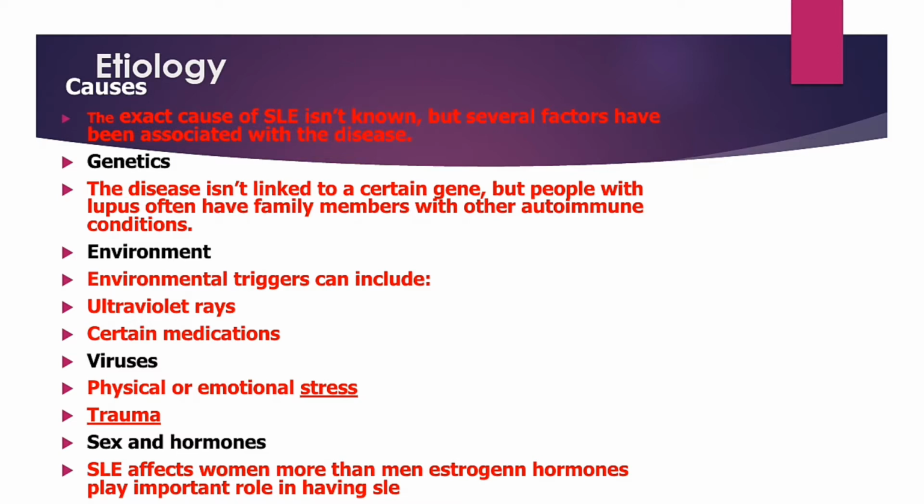Certain medications can also cause SLE. Also, viral infection and physical and emotional stress may trigger SLE. Also, trauma could trigger SLE, and sex and hormone imbalance also could trigger SLE.